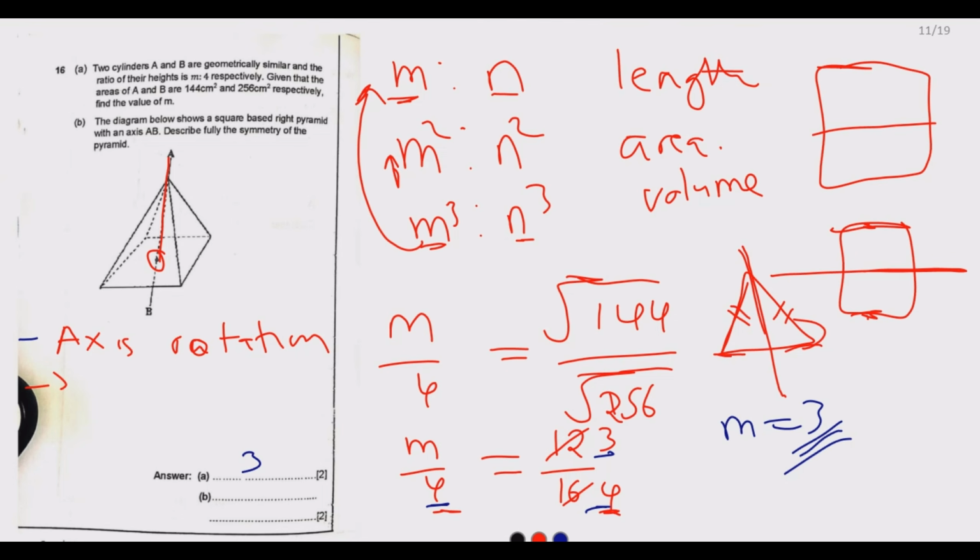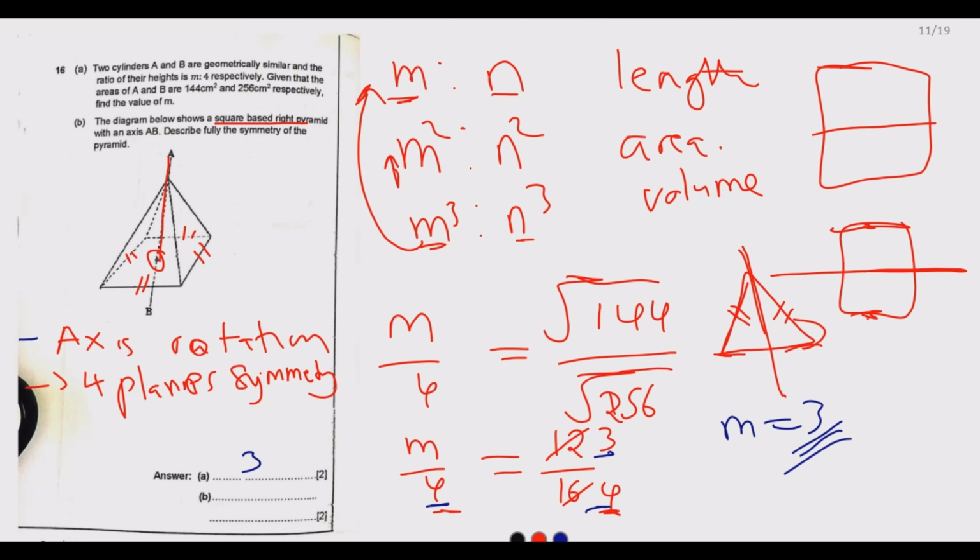Similarly in this case, since it's a square base pyramid, this side is equal to this side and this side and this side, so the four sides are the same. So this pyramid has 4 planes of symmetry. We can fold this pyramid 4 times and still get the symmetrical shape. So basically this is how you answer question number 16.